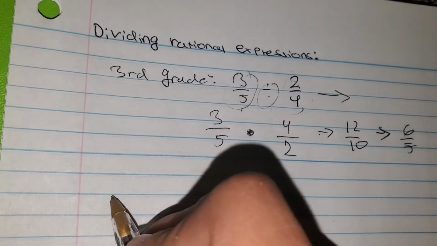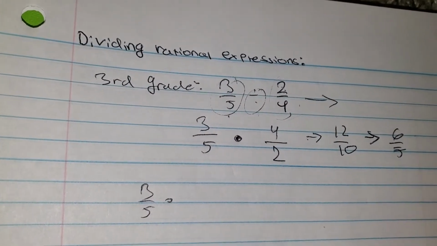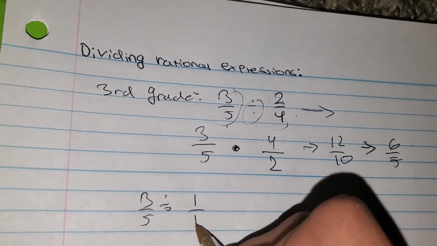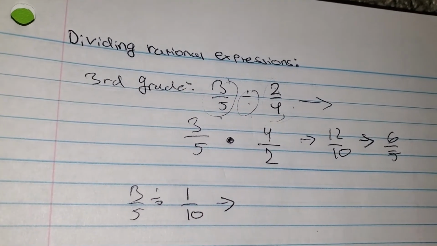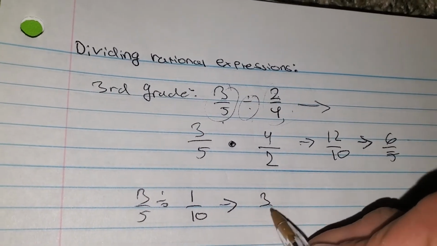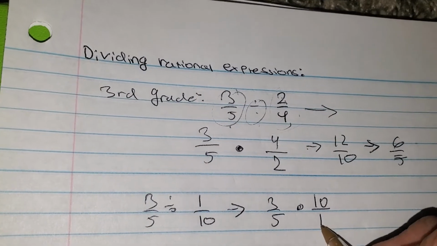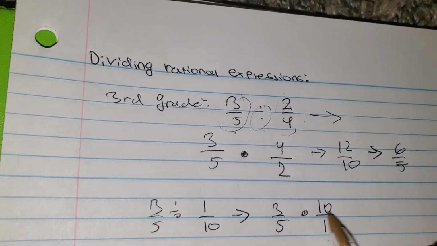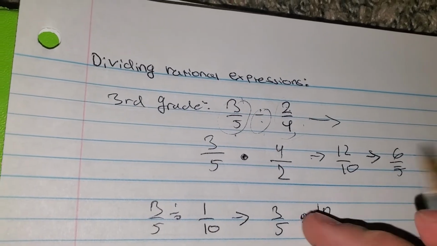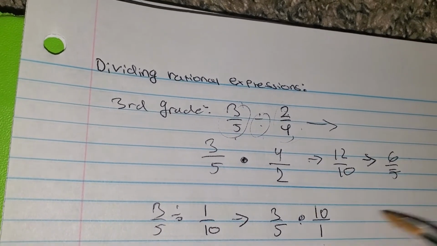Now if we have 3/5 divided by 1/10, well, same steps involved. This 3/5 stays the same. Then we multiply by its reciprocal, so we change the division sign to a multiplication sign, and then we flip this 1/10. So the 10 goes on top, the 1 goes on the bottom. That's the definition of a reciprocal.